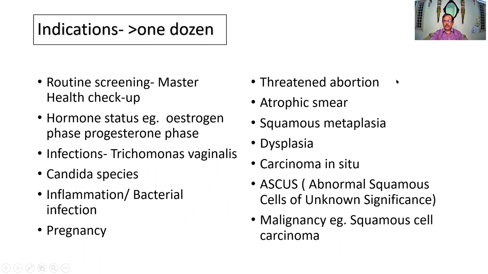If the lady is going to go in for an abortion, the Pap smear can give us a warning. Atrophic smear, as we had seen in the earlier picture, can be there. Squamous metaplasia, dysplasia, carcinoma in situ, ASCUS, atypical squamous cells of unknown significance, and malignancy. Example, squamous cell carcinoma. Kindly memorize this entire list. It is important for you.